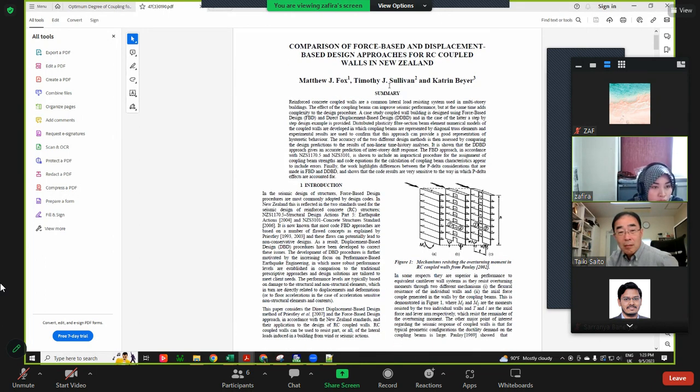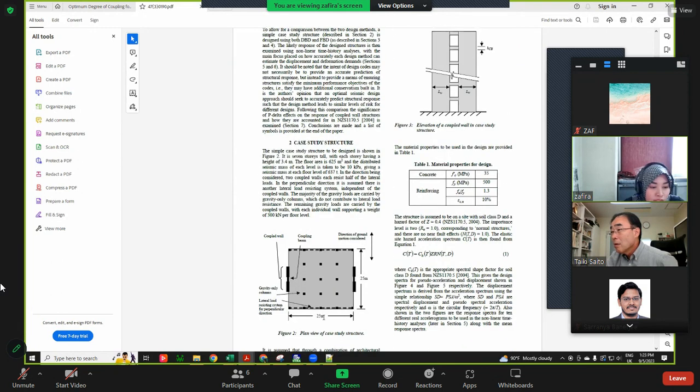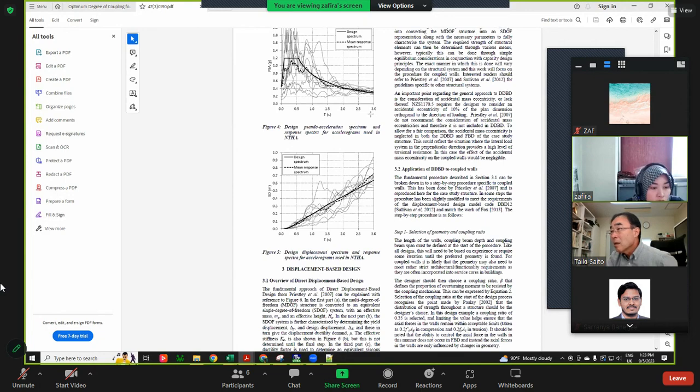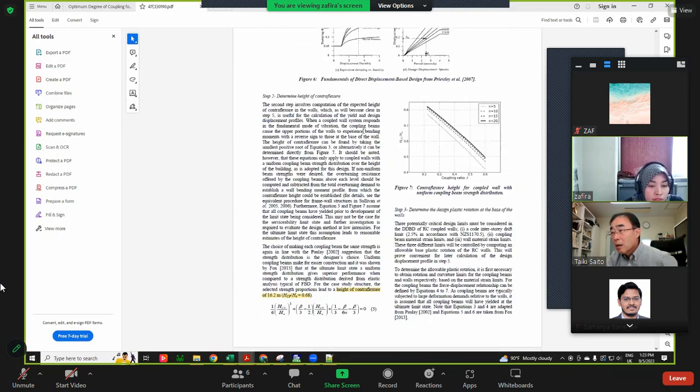This is from Matthew, and I think this is a very famous researcher. So basically, even this one is almost the same. The same procedure, and he also compared with the displacement design method calculation.